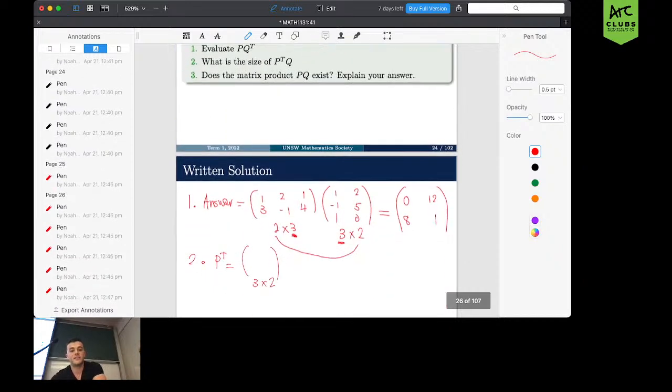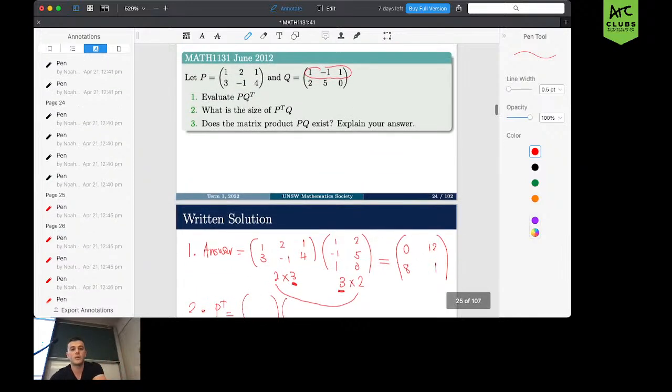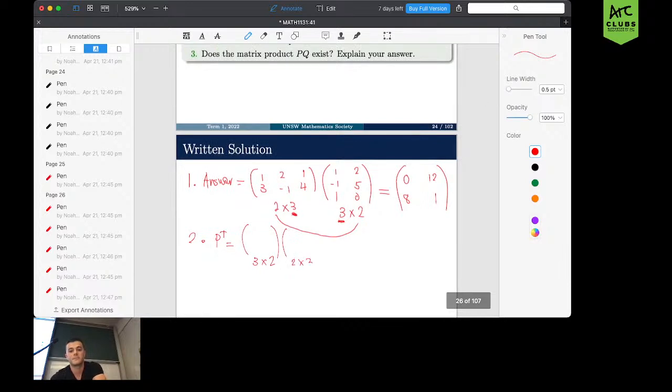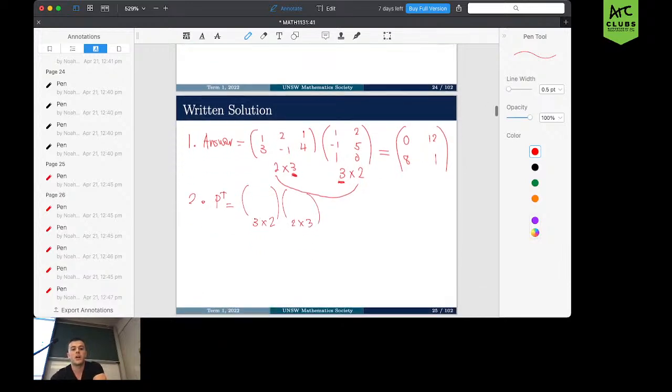And then Q was a 2x3, so that's going to be a 2x3. Again, if the column dimension in matrix 1 matches the row dimension in matrix 2, you're allowed to multiply them. The outer dimensions give you the dimension of your new matrix, so we get a 3 by 3 matrix. And then you would calculate the matrix using the row column dot products, like we did in the first example.